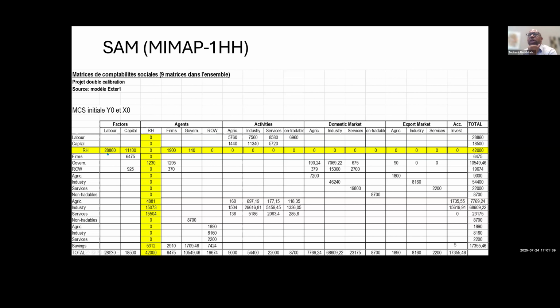Now I ask you, please, how many flows do we have in the resources, in the income for the household? How many cells do we have here? I am waiting for an answer.